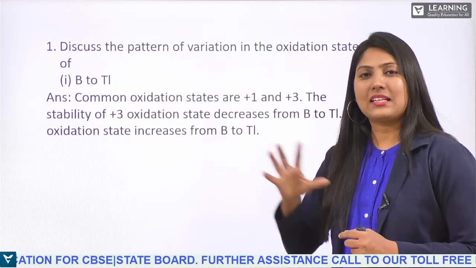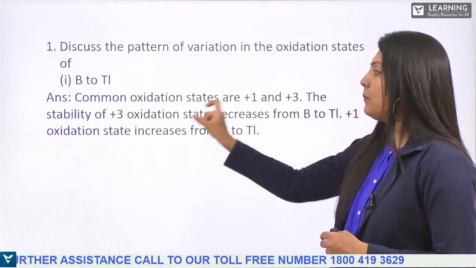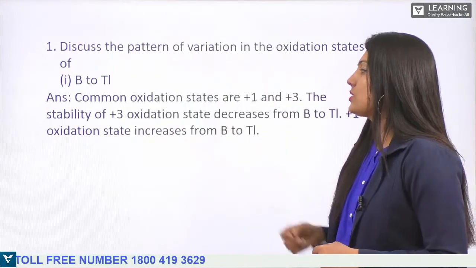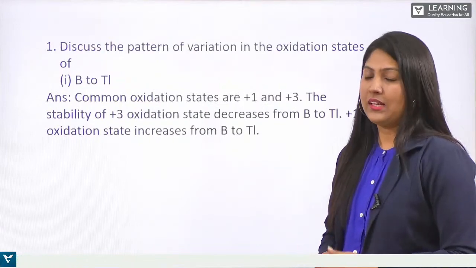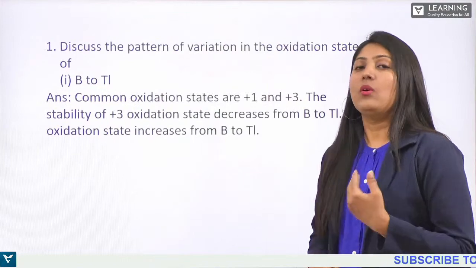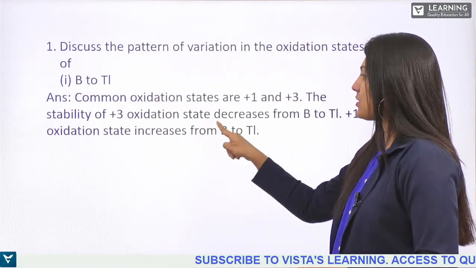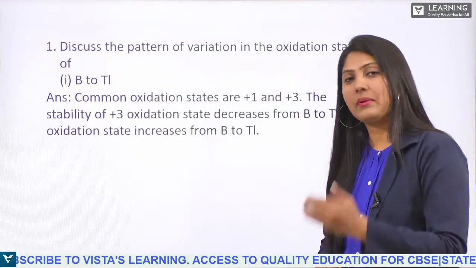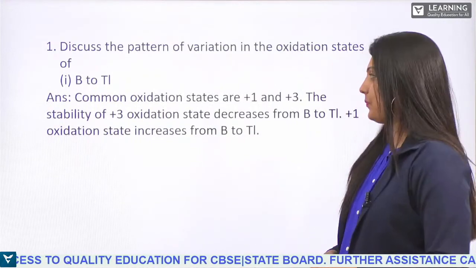So one electron they can easily remove, but they cannot have a stable +3 oxidation state. Whereas you can see the +1 oxidation state increases from boron to thallium. The stability of +1 increases from boron to thallium, whereas the stability of +3 decreases from boron to thallium. Down the group, +3 decreases, +1 increases.